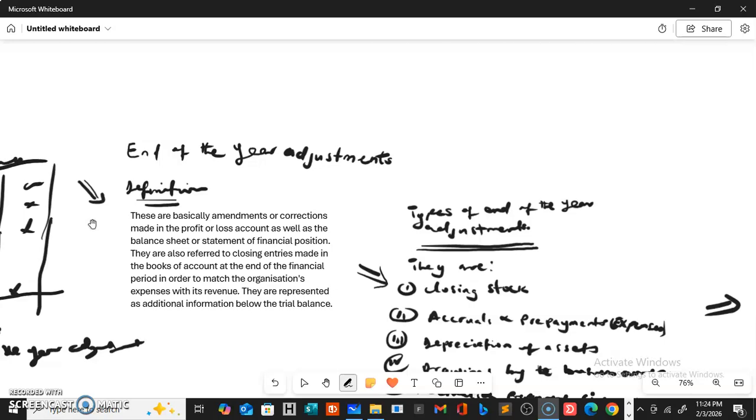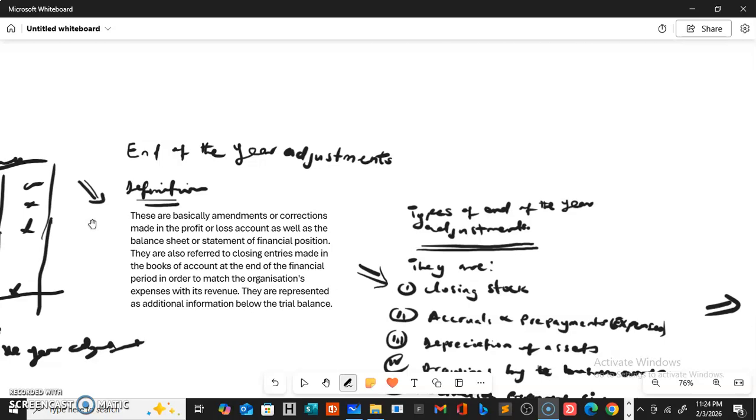Now, what do we mean by end of the year adjustment? End of the year adjustments are basically corrections or amendments that are made at the end of the financial year. These are additional information or notes that are relevant to the accounts presented in the trial balance.